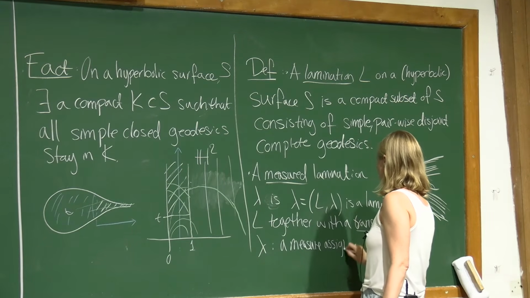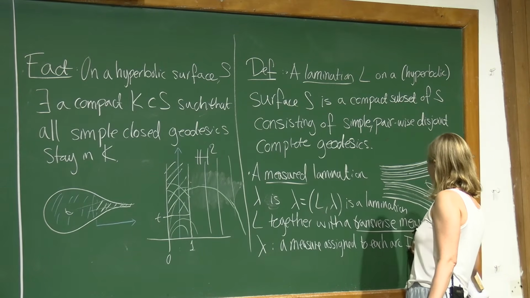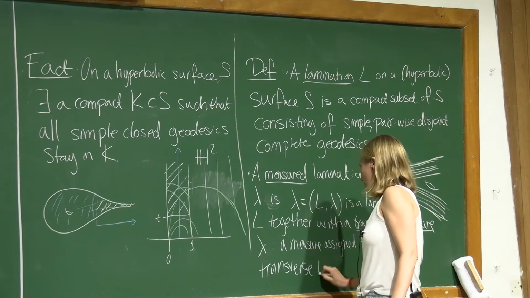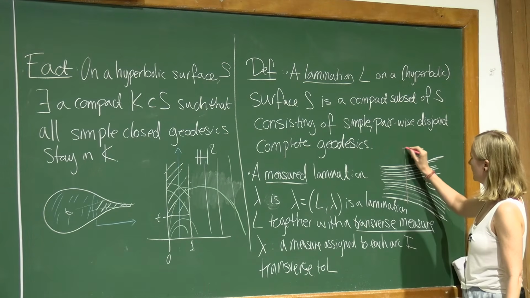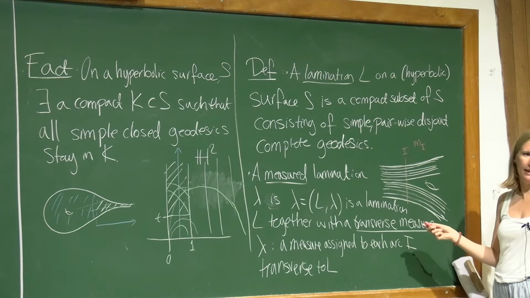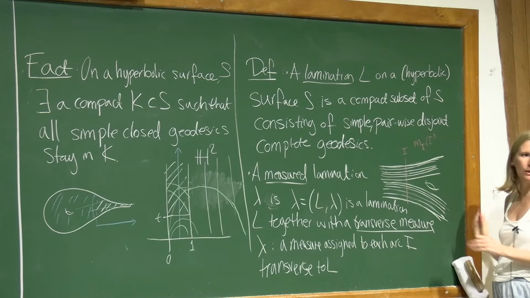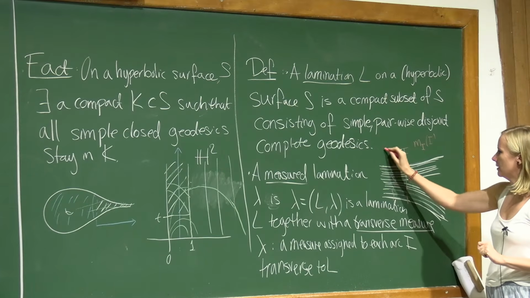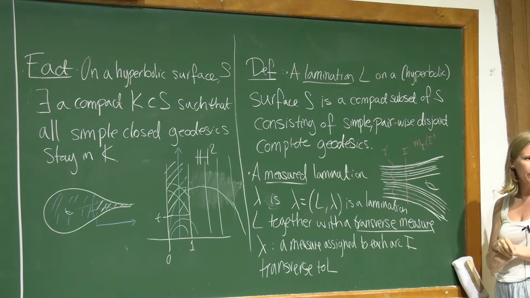That is a measure assigned to each arc transverse to L. So for every arc I, I get a measure mu_I supported on I, giving mu_I of I or of a sub-arc of I. And if I take my arc and a homotopic arc I prime, it should give the same measure.